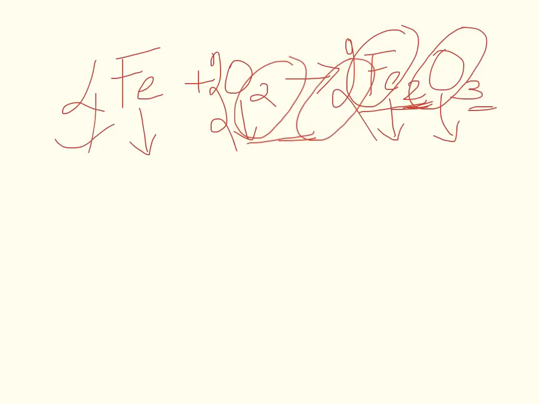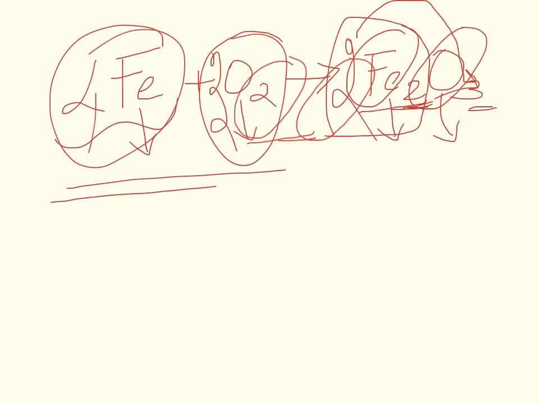So the mass of 4 irons together with the mass of 3 oxygens equals the mass of the products. This is where balancing comes into the picture, because the mass of reactants before the reaction should be equal to the mass of products after the reaction.